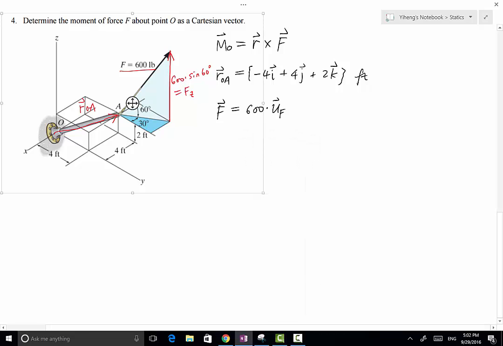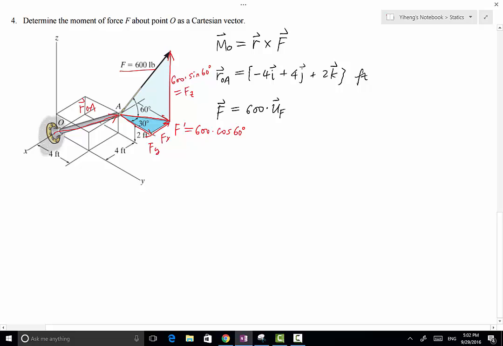And this component right here is not Fx nor Fy. Let's call it F prime. This F prime component equals 600 times cosine 60 degrees. It is the resultant force of our Fx and Fy. So this is our Fy, and along this direction, this is our Fx.